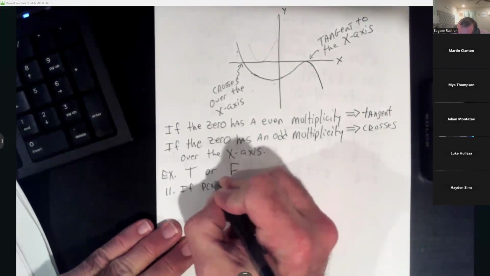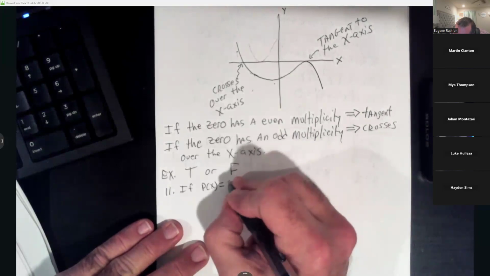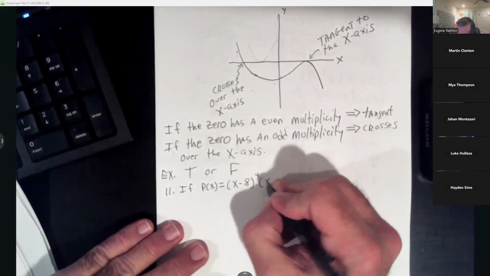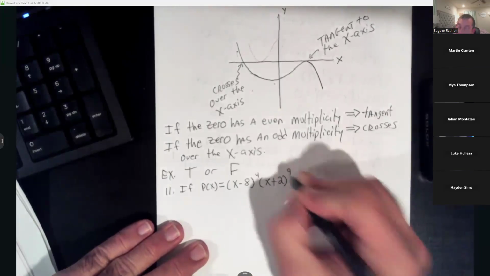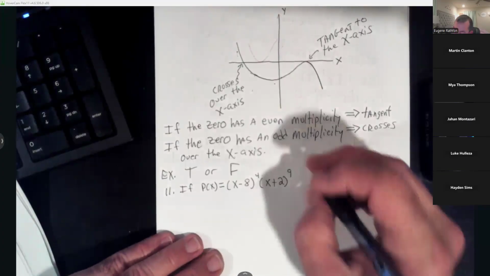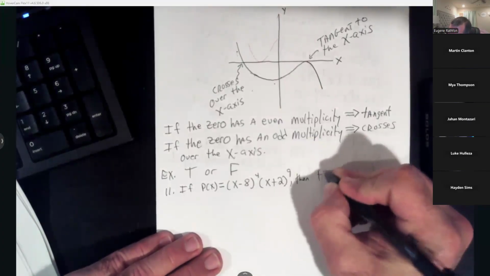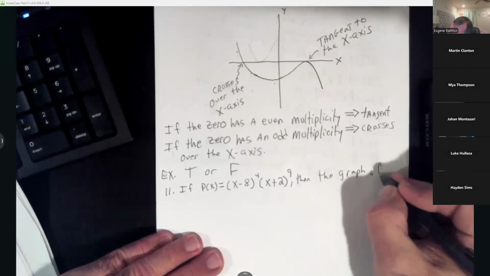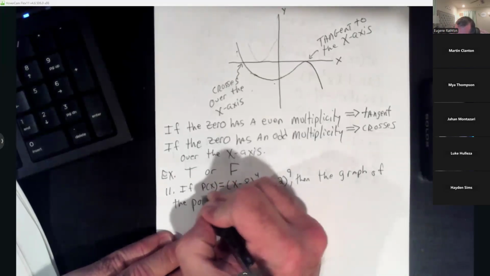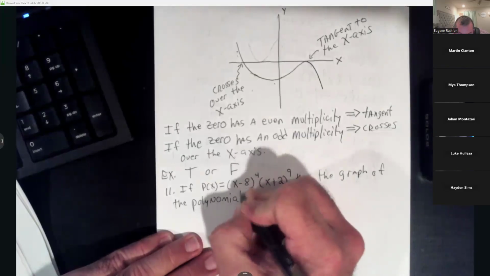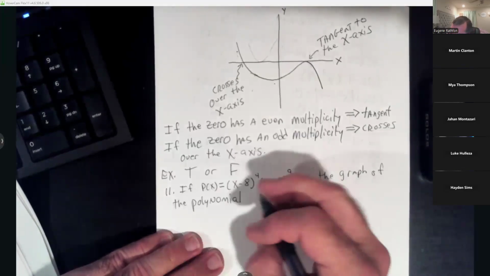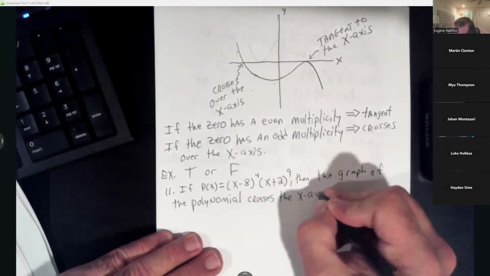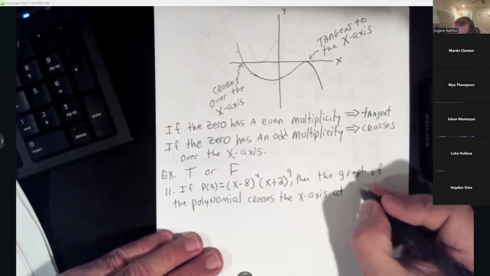If my P of X equals X minus 8 to the fourth times X plus 2 to the ninth, then the graph of the polynomial crosses the x-axis at 8, 0.